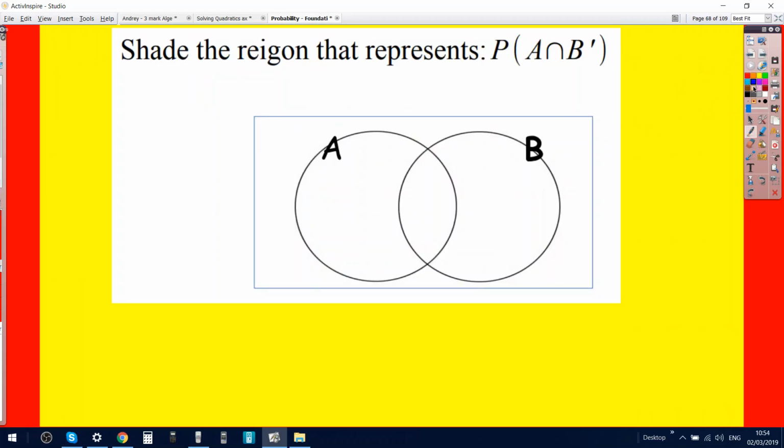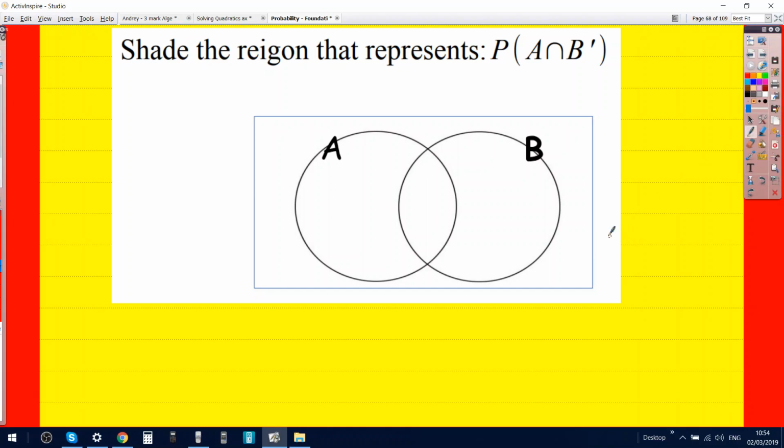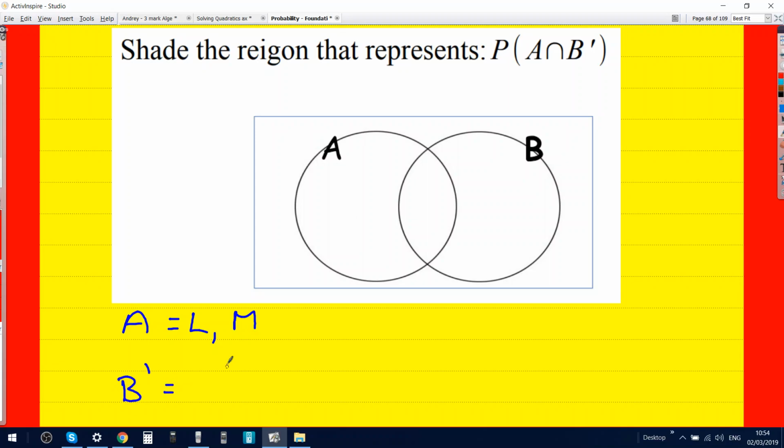Okay, this one. So it would be A, but not A. That'd be left and middle, and not B would be L and O. So A or not B, so that would be L, M, O. That would be union.